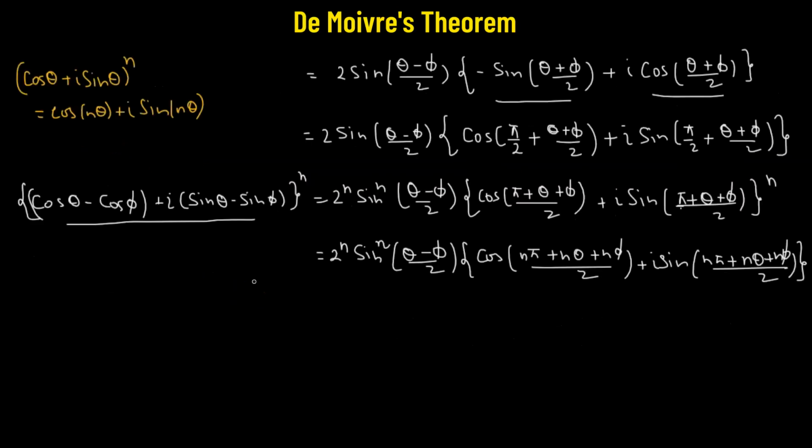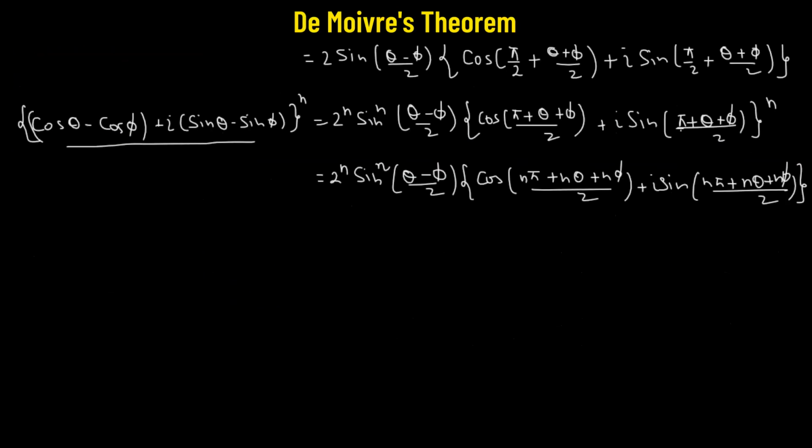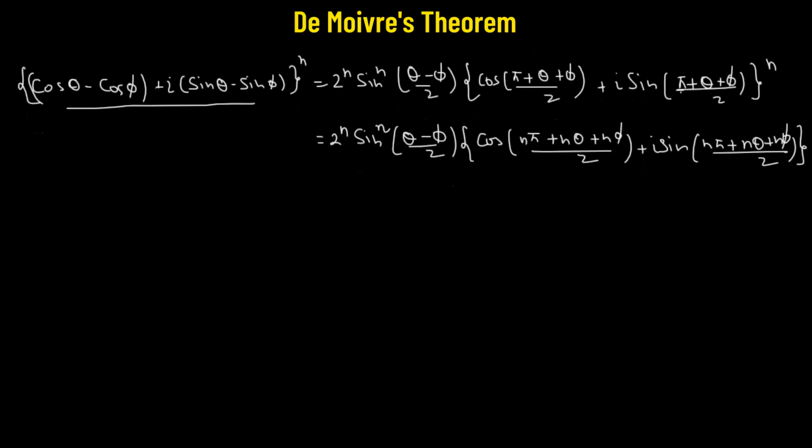Now we'll move on to the next term. The calculation will remain exactly the same. So here we will have cosine of theta minus cosine of phi, but this time we have a negative iota multiplied by sine theta minus sine phi, whole raised to the power of n.